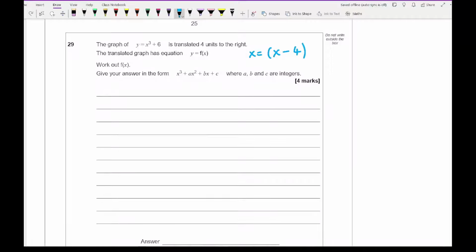So what we need to do is replace x with x minus 4 in y equals x cubed plus 6. It's just graph transformation. If I do that, I end up with y equals x minus 4 cubed plus 6.